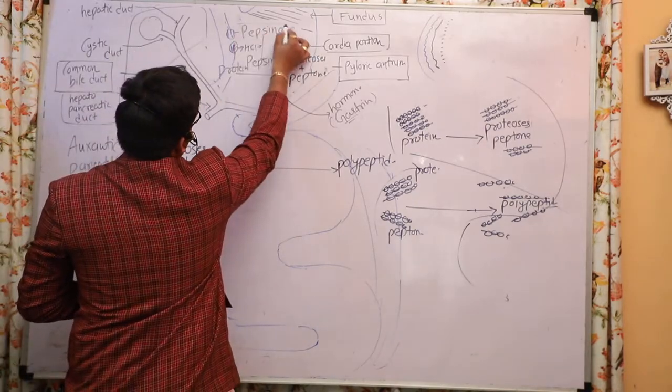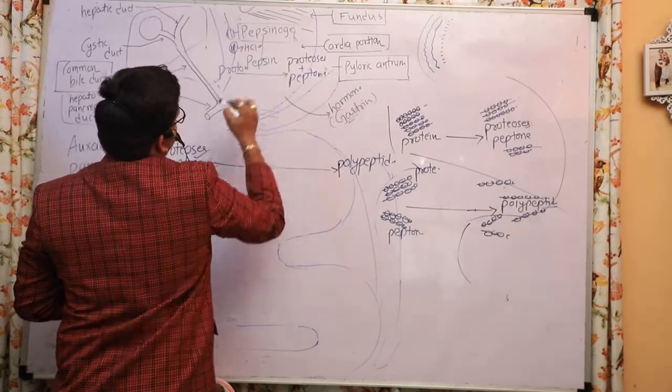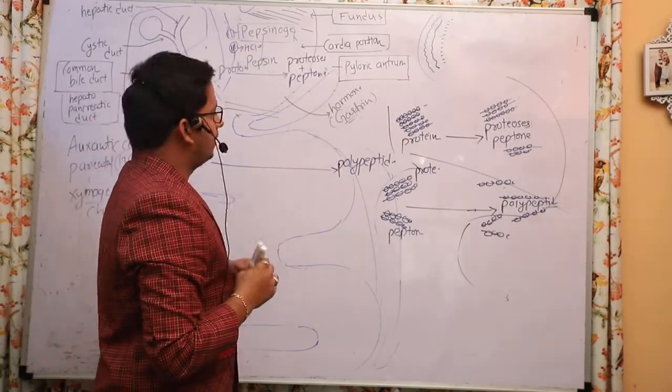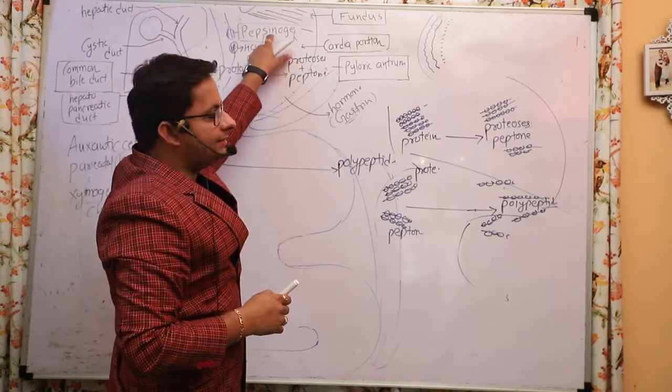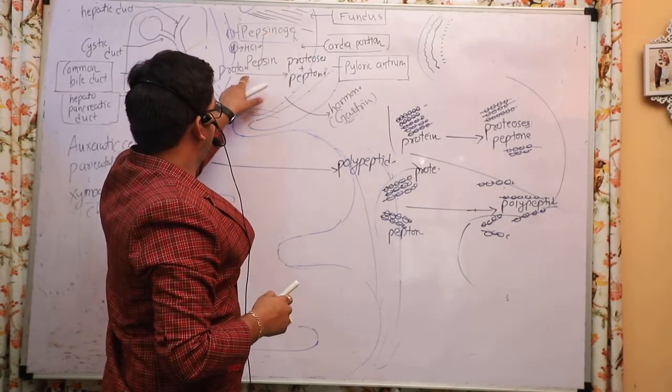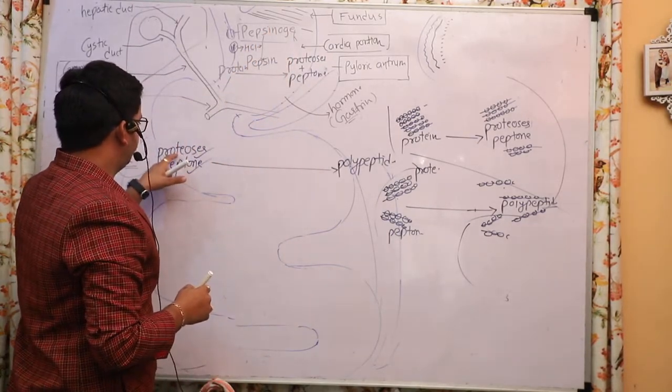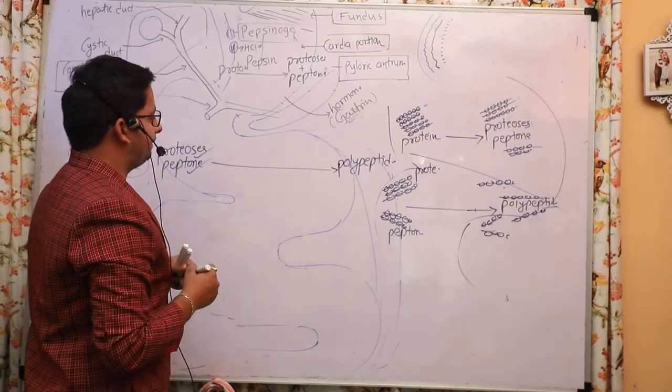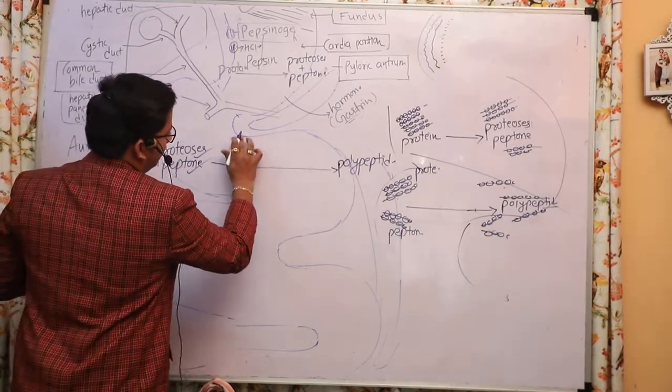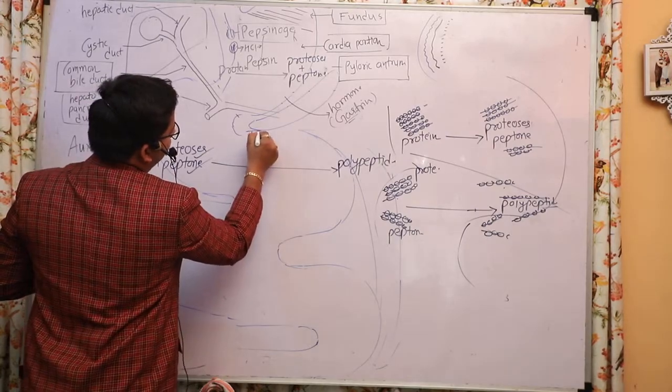We studied that pepsinogen is the inactive enzyme responsible in protein digestion. Now, which one is responsible for proteolysis and peptone digestion? The answer is trypsinogen.